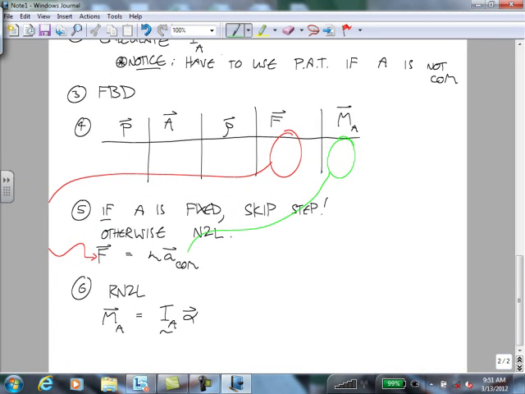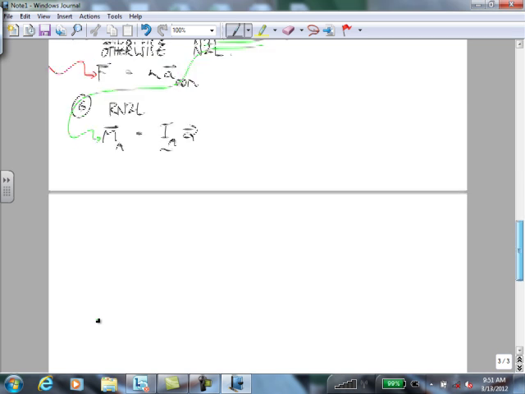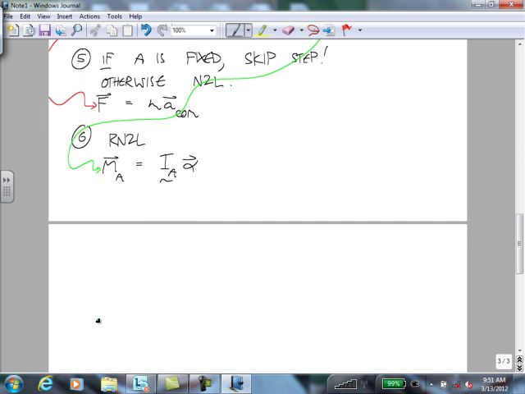And these moments, the left side of this equation, come from the moment column. So that's what makes that table nice. And so now you have all your equations of motion.